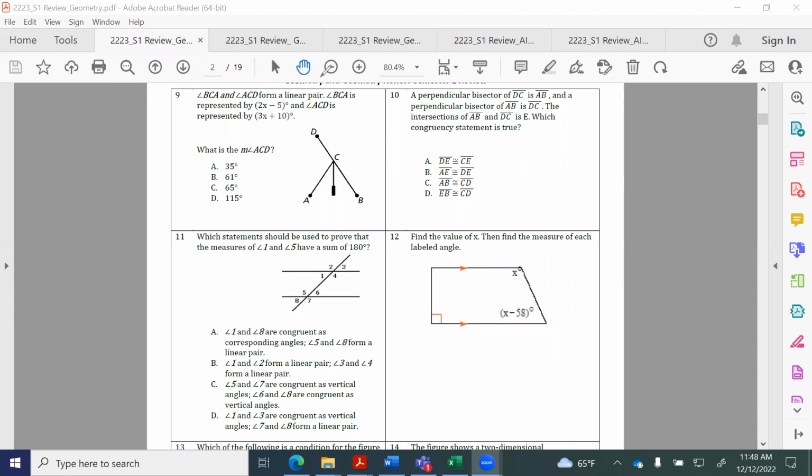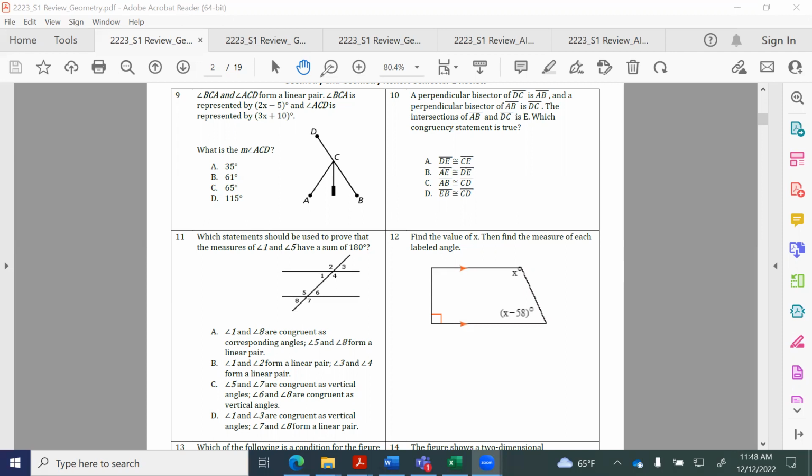All right, on number 9, we got BCA and ACB form a linear pair. There's that keyword again. We know since it's a linear pair, they're gonna have to add up to 180, right? Because a linear pair is always supplementary, they form a line. Now, they gave us some measurements for it.